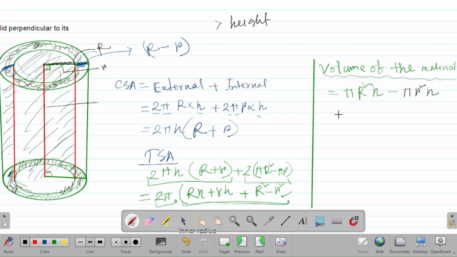That's why we can write pi and h as common: pi h multiplied by capital R square minus small r square.